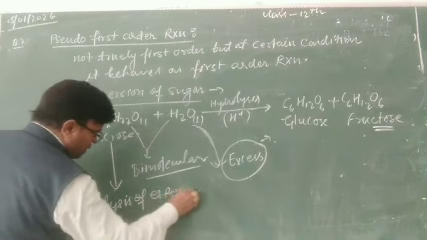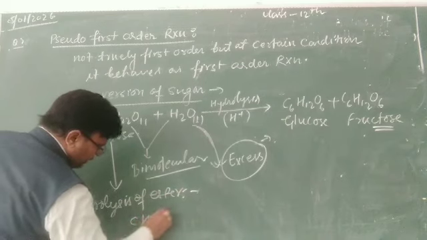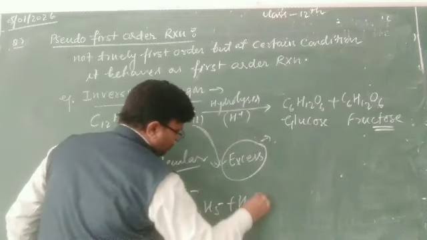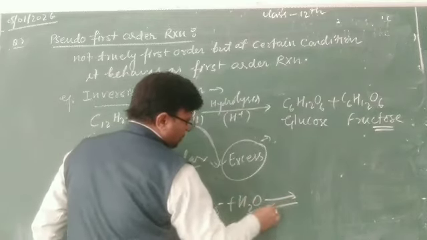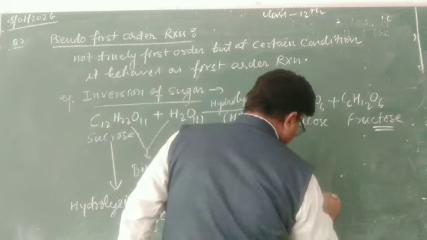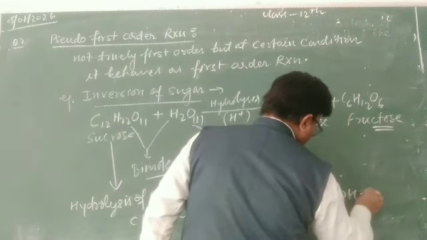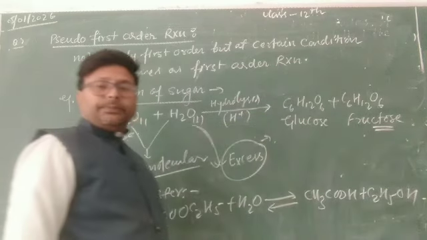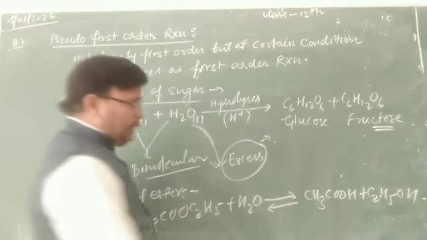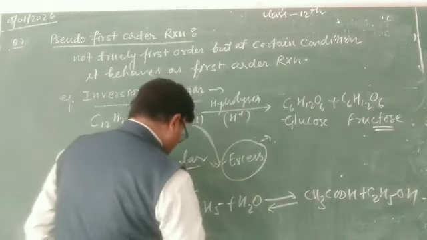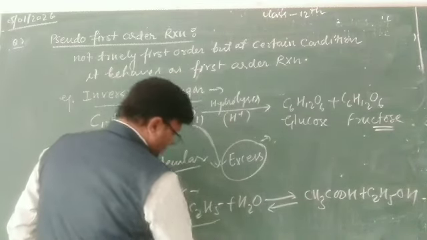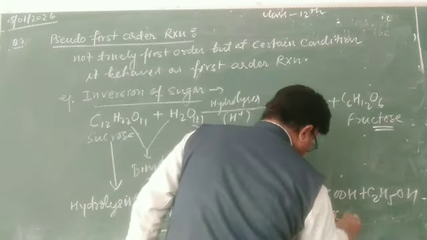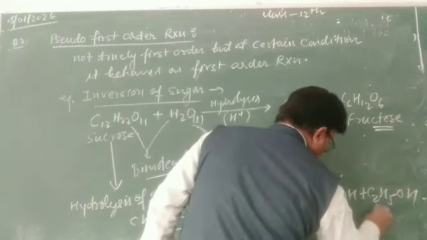In this case also, CH3COOC2H5 reacts with H2O and is converted into CH3COOH plus C2H5OH. This ester is converted into acetic acid and alcohol.